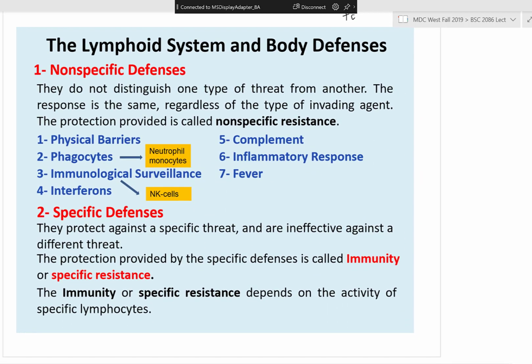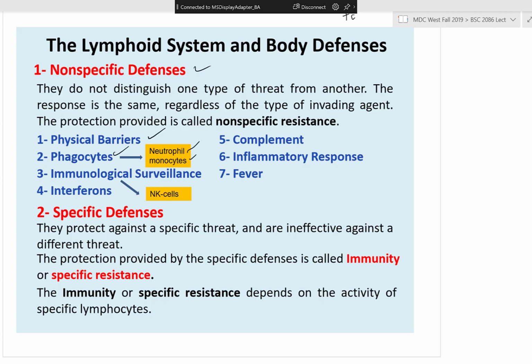So, the lymphoid system and body defenses. Same thing. You have a non-specific defense, but this is just listed. Again, you're born with physical barriers. You're born with your phagocytes, which are mostly your neutrophils and monocytes. And neutrophils are actually the first line of defense.